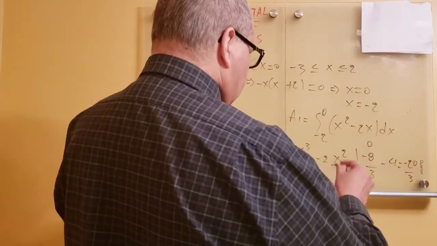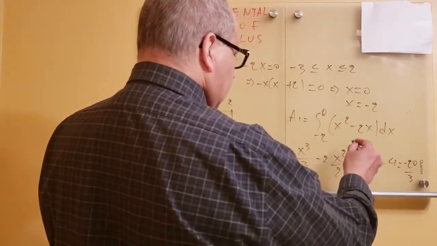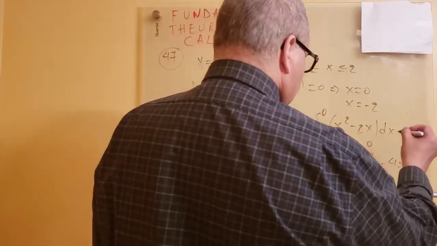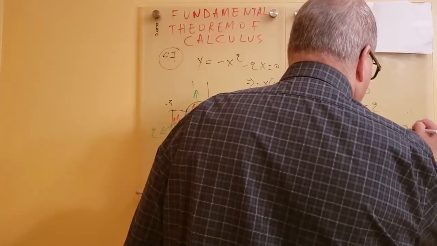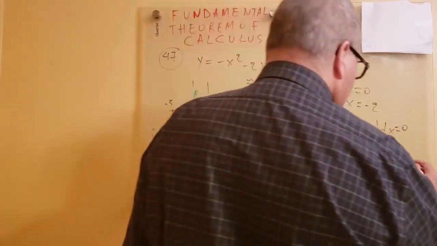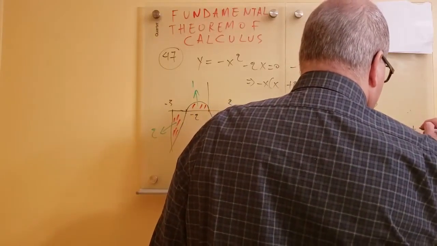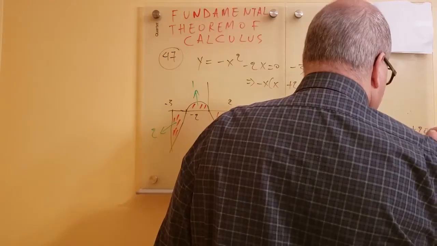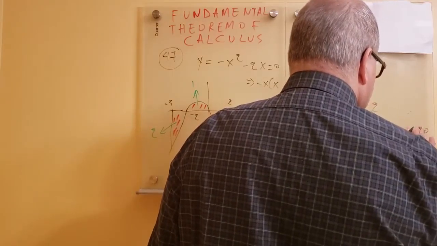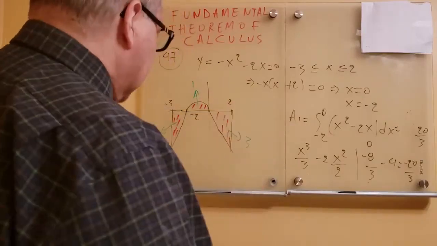In order to find the area 1, you just have to subtract how much is at 0, which was 0, minus how much it was at point -2, which is -20 over 3. So minus the minus, that will be +20 over 3. So that means that the area 1 is 20 over 3.